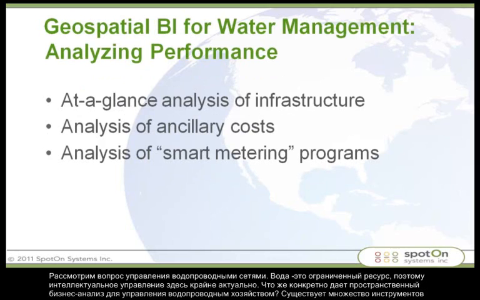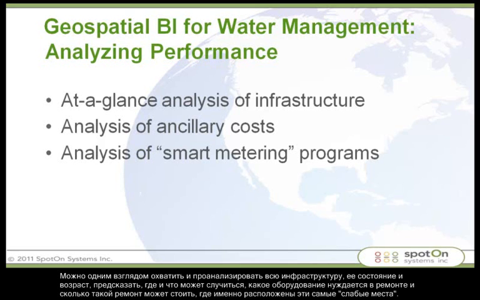Now, water is a dwindling resource, we all know that, so the emphasis has never been more on managing it in an intelligent way. So what are the things that you can gain from geospatial BI for water management? Well, there's a lot of instrumentation out there for water management. You can see at a glance and analyze your infrastructure, the age of your infrastructure.